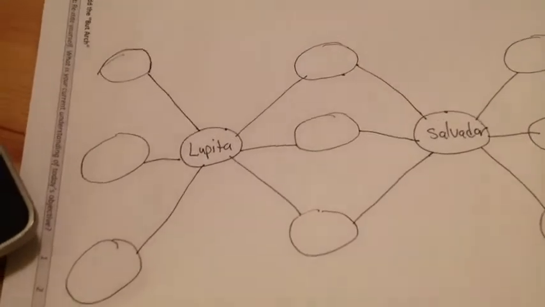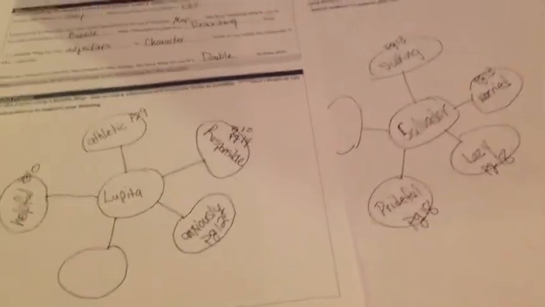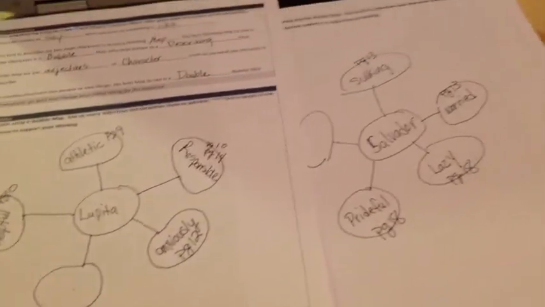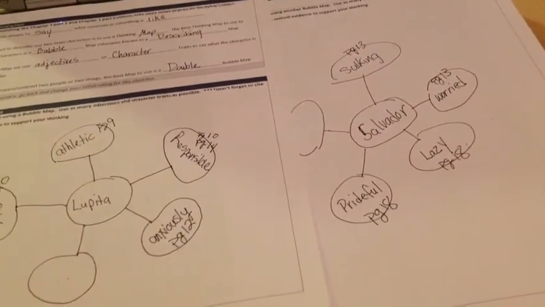Okay, so I'm going to look back in my maps, and you can flip back if you need to really quickly to see how we described Salvador and how we described Lupita, to think about some ways that they're similar and some ways that they're different. Okay, so I see right away a lot of ways they're different, but one thing that I noticed too is a way that they're similar.